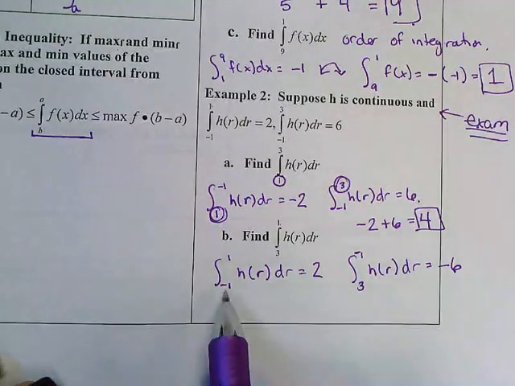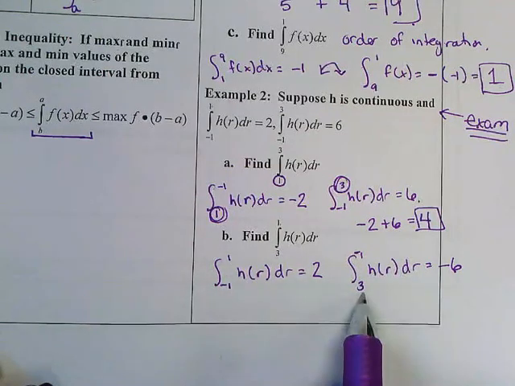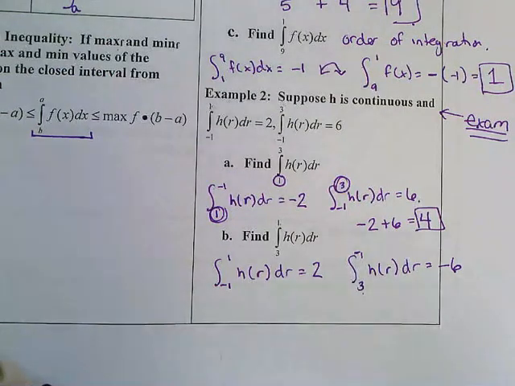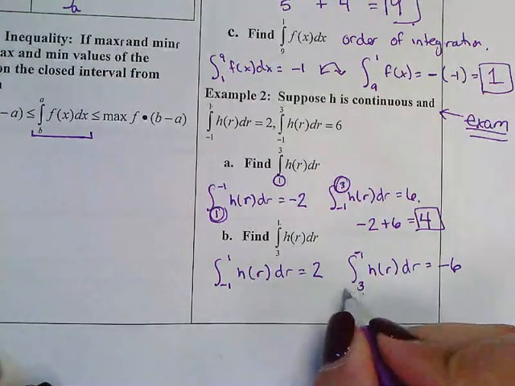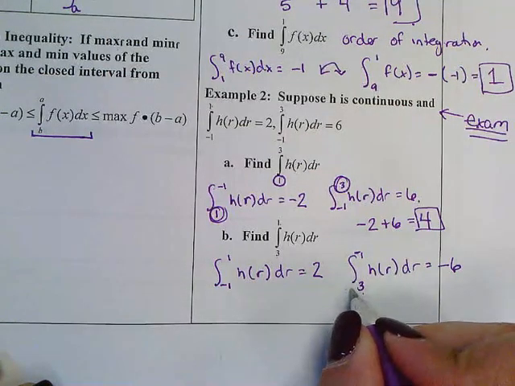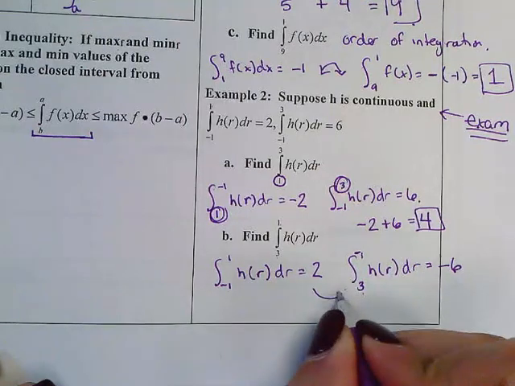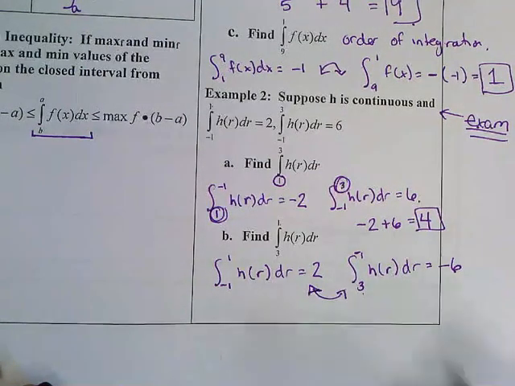Now, we do have a little bit of a problem. Why? Because you can't go from -1 to 1 and then pick up at 3 to -1. So what do we have to do? Well, no, actually this is fine. Okay, so this is fine. The only difference is that we should have probably written this a little bit backwards because we want the lower one at the bottom.